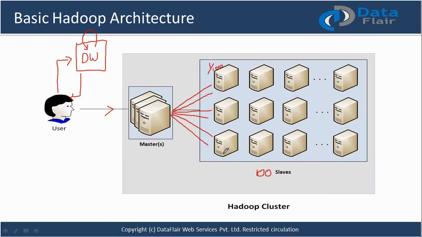With each and every machine I can have TBs of disk, and overall I can store petabytes to even exabytes of data inside a Hadoop cluster. Not only store, I can process that data using MapReduce algorithms.